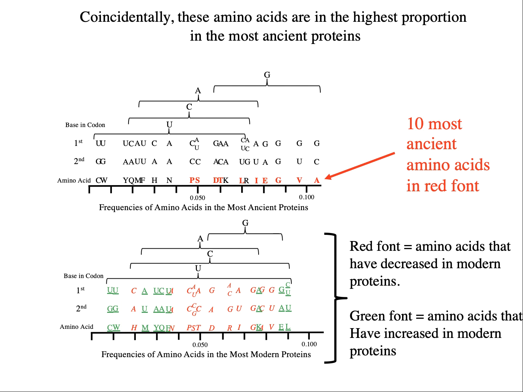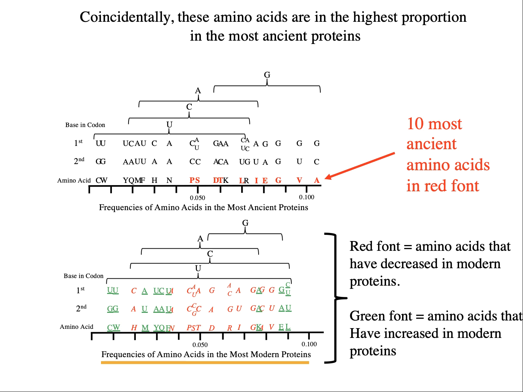On the top are the frequencies of the amino acids down there where the arrow is pointing in the most ancient proteins. And those 10, which are assumed to be the most ancient amino acids, are in the highest proportions. And then the ones that are more recent arrivals are in black, so you can see where those appear. On the bottom is a list of the frequencies for all proteins, whether they are ancient proteins or modern.